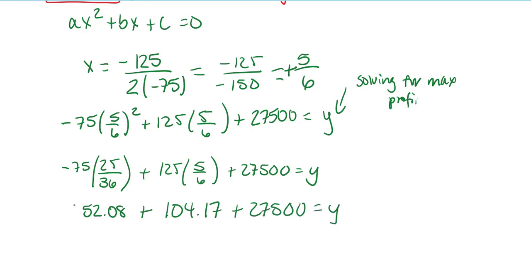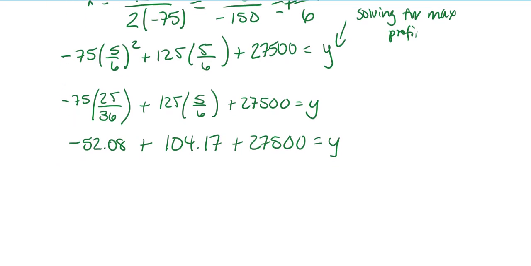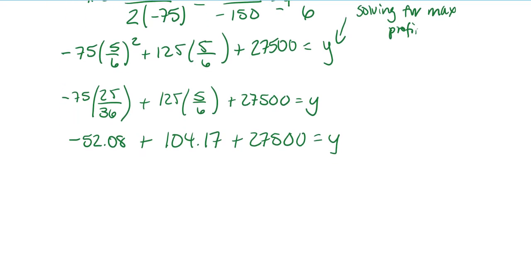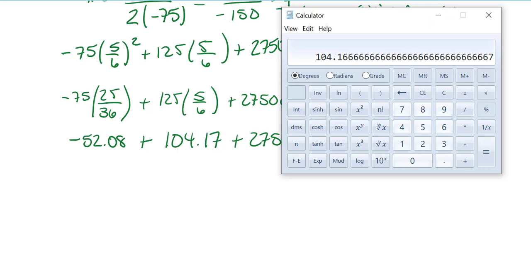Now the one thing I forgot to do is bring down that negative sign. So our answer, let's add these together. So we have plus 27,500 minus 52.08, and we get 27,552 and 9 cents.